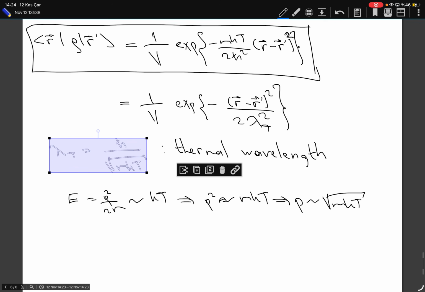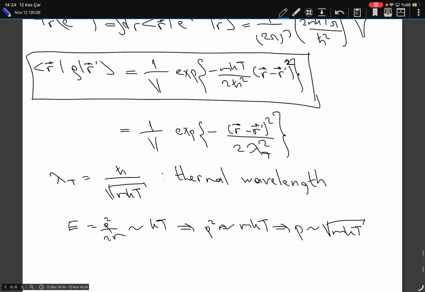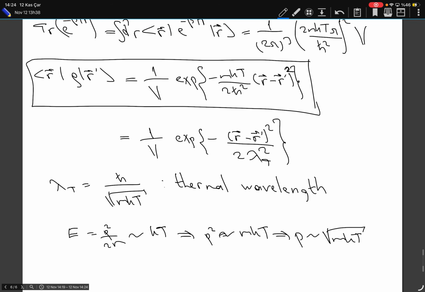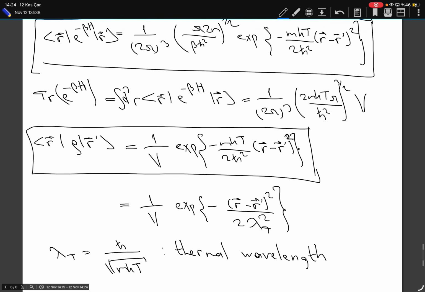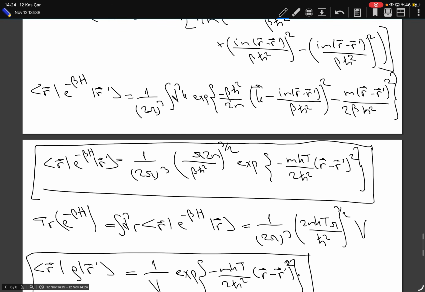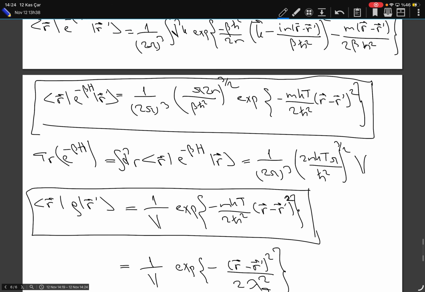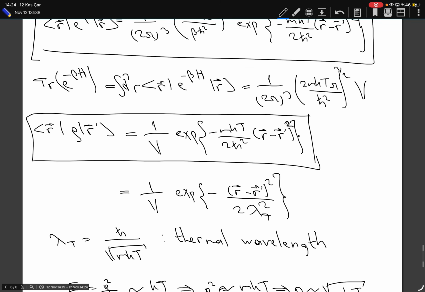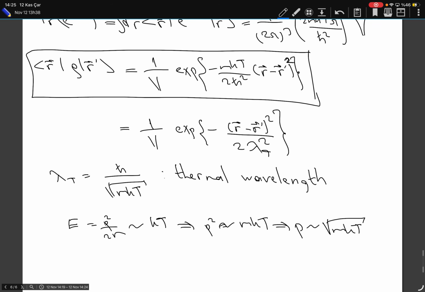For example, if you take the low temperature limit, well, what happens in the low temperature limit? No, in the high temperature limit, let's say. In the high temperature limit, the thermal wavelength basically goes to 0. You have localized particles.